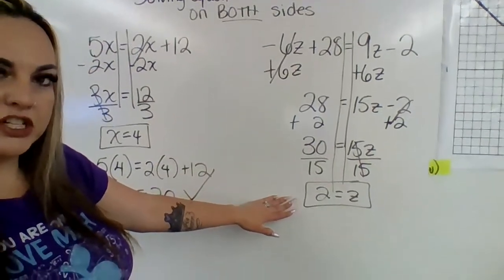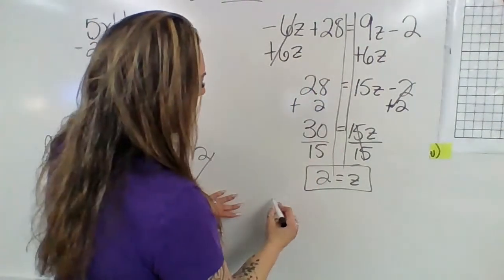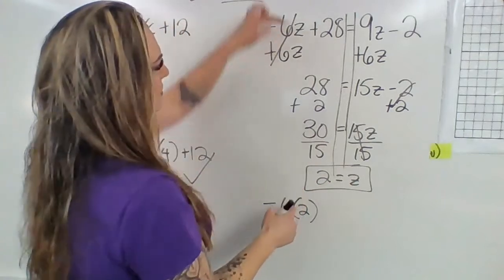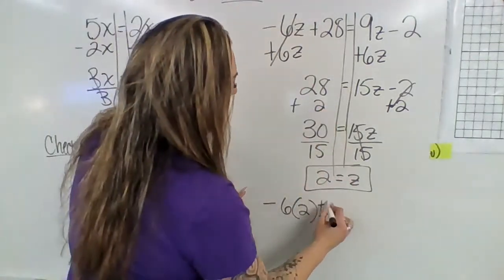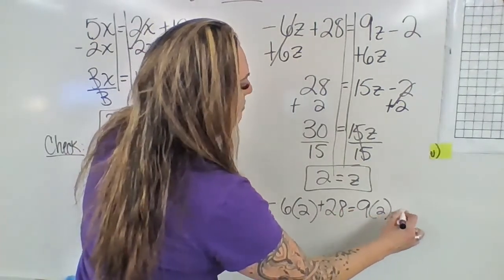So now we're going to check it. We'll rewrite this: negative 6 times 2, replacing the z with the 2, plus 28 equals 9 times 2 minus 2.